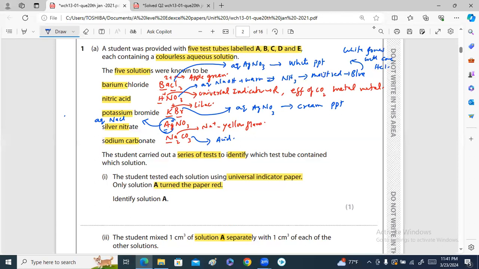So before starting the question, let's stop the video and learn all these cations and anions and then look at the question.